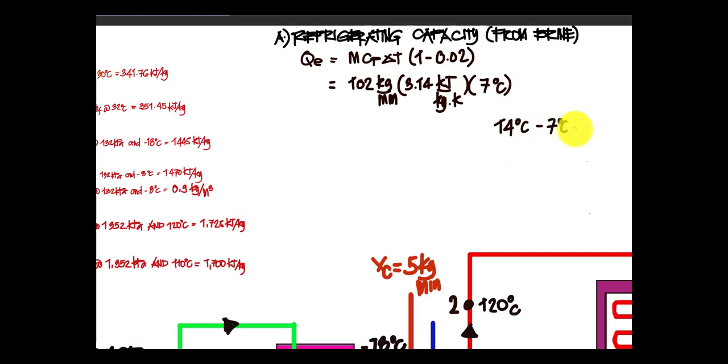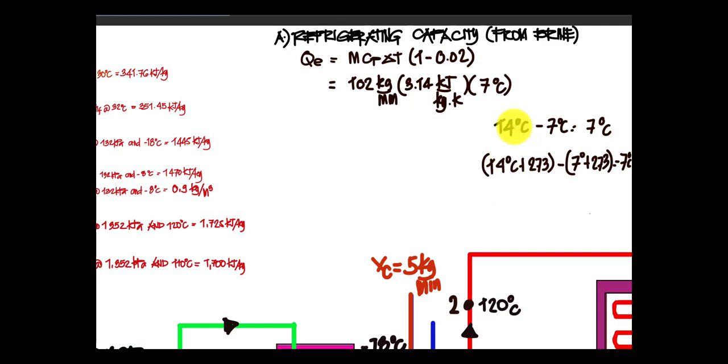If I add 273 to each, 14 plus 273 minus 7 plus 273, I get the same value in the calculator, which is 7 degrees also. That's why I did not change this one to Kelvin.